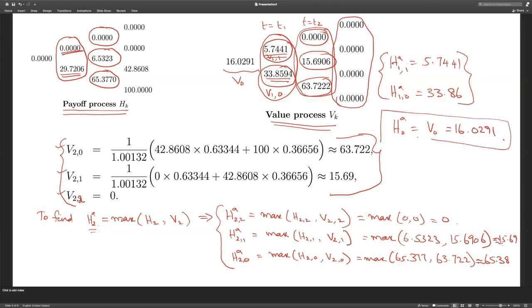You have to take the maximum here. The payoff is 0, therefore you have 16.0291, and that is the required value of the option, which is also the price of the American put option at the time t equal to 0.